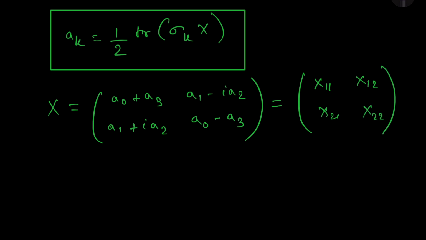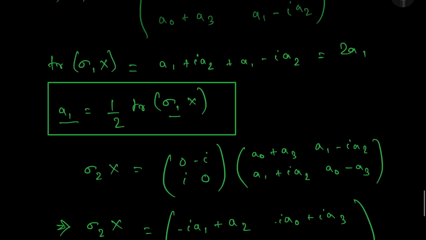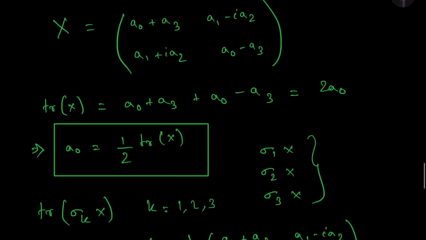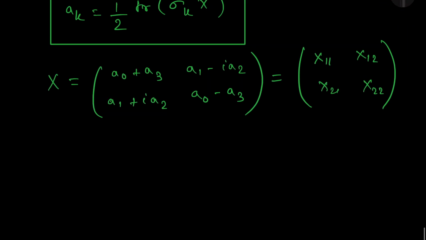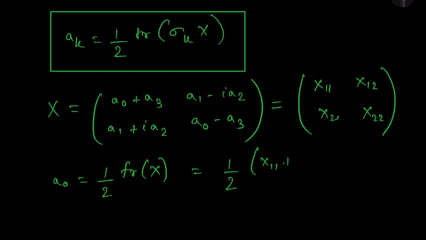Now we have to obtain a0 and ak in terms of the matrix elements Xij. So a0 is just half of the trace of X, and the trace of X would be X11 plus X22.